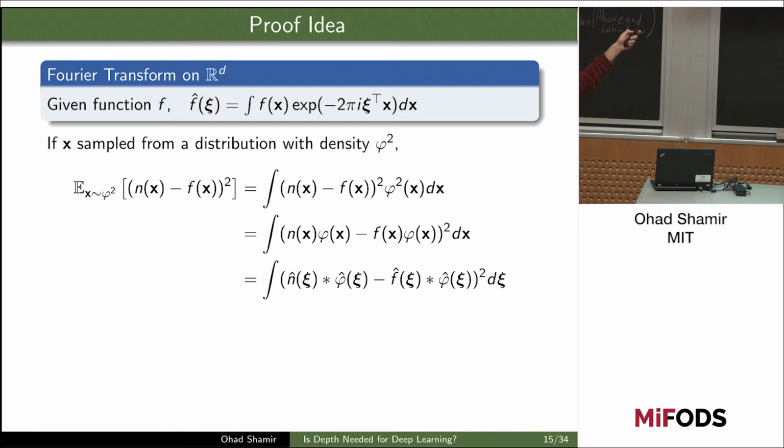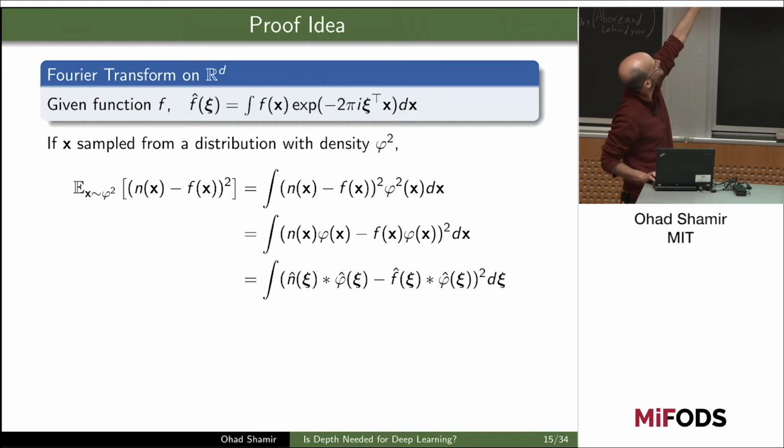So we have some network n of x, and we want to show that this thing is lower bounded by something if it's a two-layer network. We assume that the input is sampled from some distribution with a density phi squared, the squared you'll see shortly. And then we basically want to re-express this quantity in the Fourier domain.